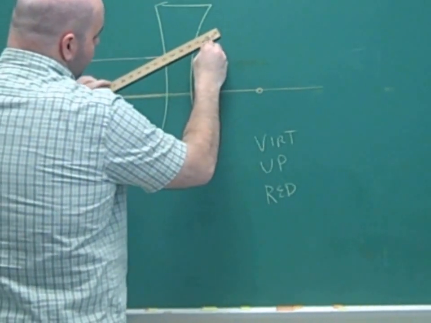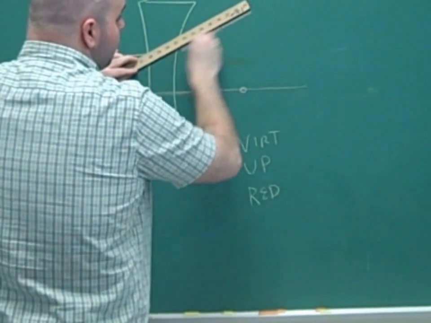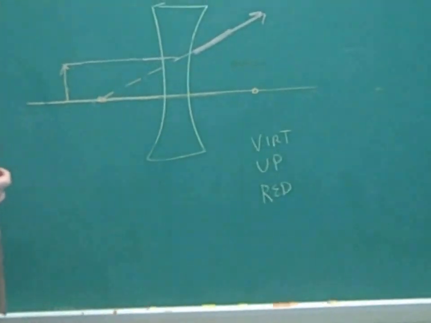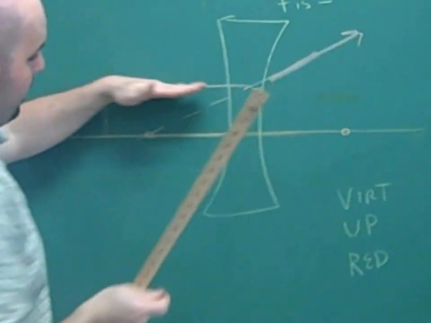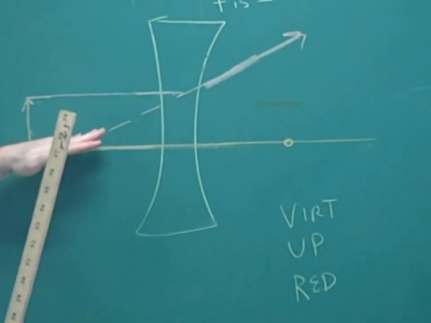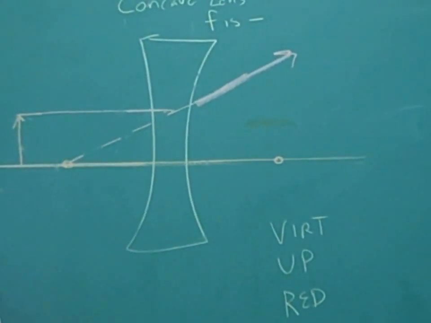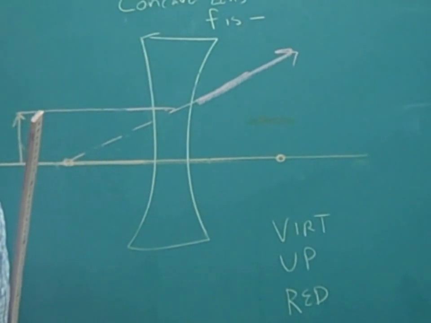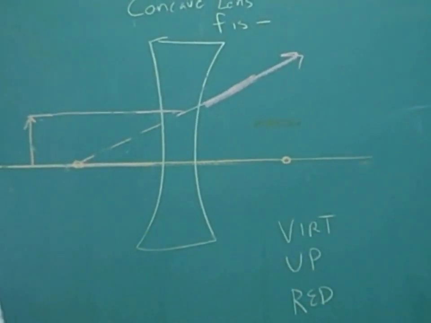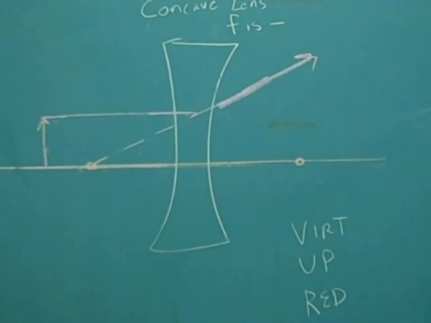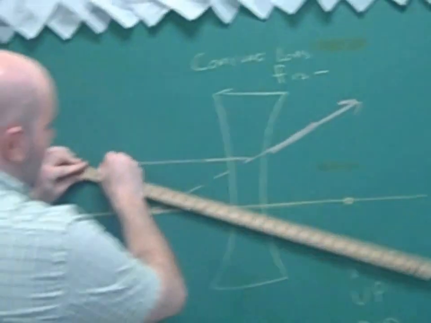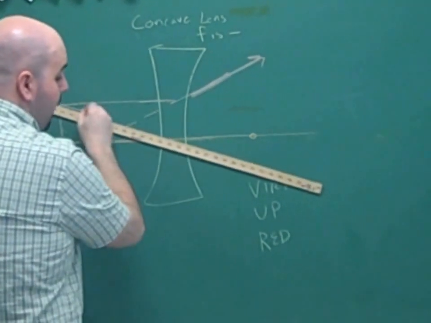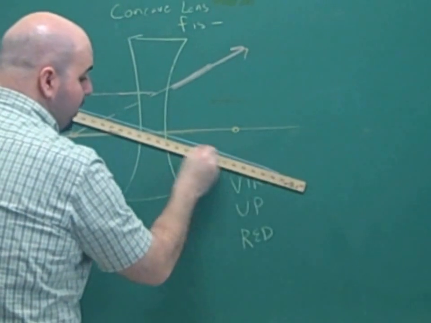I'm drawing dotted lines and straight lines to kind of show that. Straight, then away from the focal point. The second one we're going to draw is a little bit different. This is the unique one. We're going to draw the second line going from the tip, then going through the middle of the lens, and because of its curvature, it's not going to bend at all.